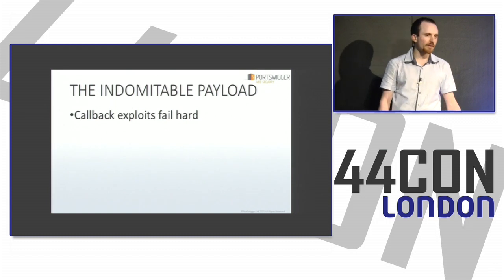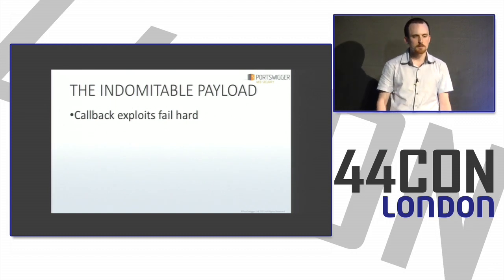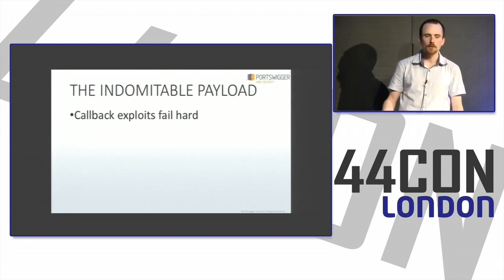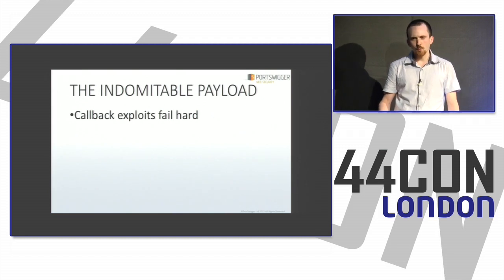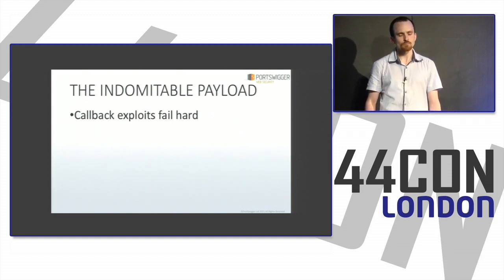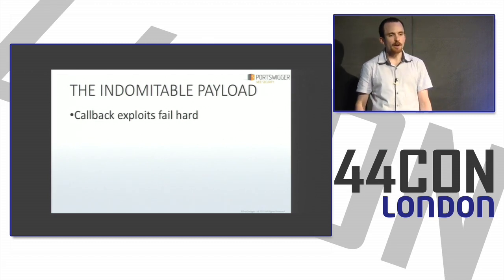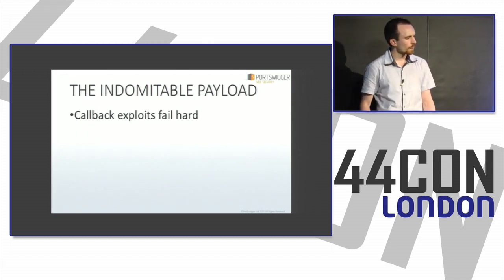You might throw a fuzz string at the application, see what error message comes back, and slowly and iteratively build up a payload that will do what you want to their server. Whereas with an asynchronous vulnerability, you will get no feedback from the application whatsoever unless your exploit works.